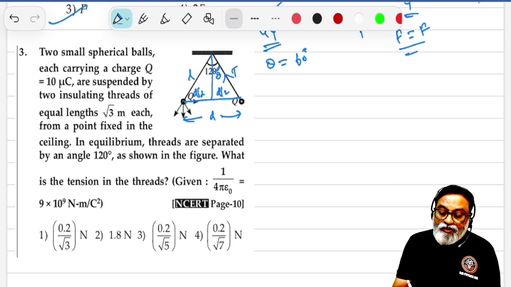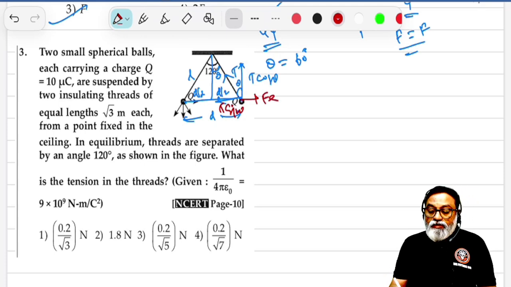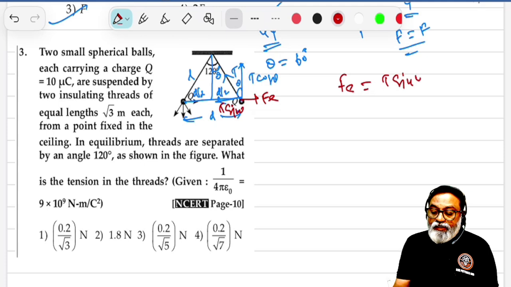See, here is the tension T. Here angle theta. Therefore, this becomes T cos theta, and this becomes T sin theta. Here it is Fe. Therefore, the electrostatic force balances T sin theta.